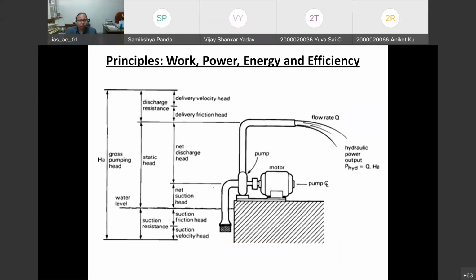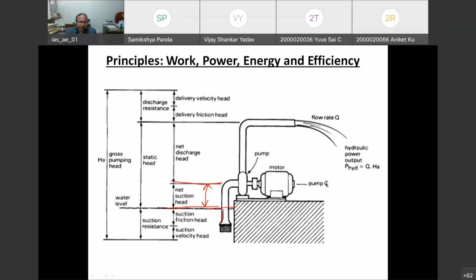Okay. So this is the principle of work, power, energy, and in this, you know that this is the net suction head. This is the water level, this is the net suction head, and in the suction line there is a flow of water, so if water is flowing in the pipe there is some frictional head loss.